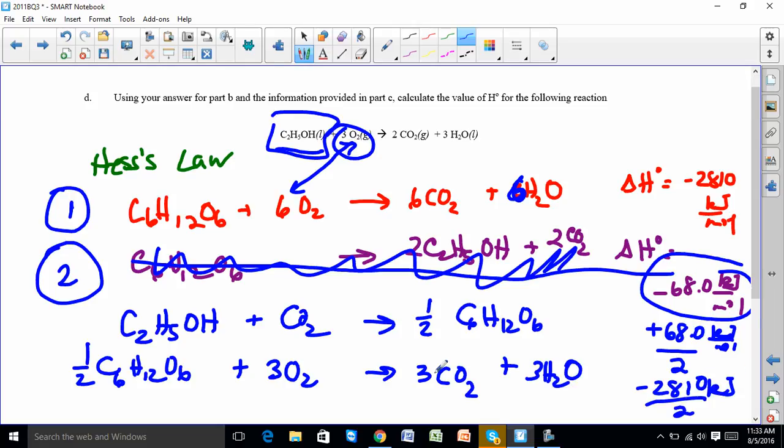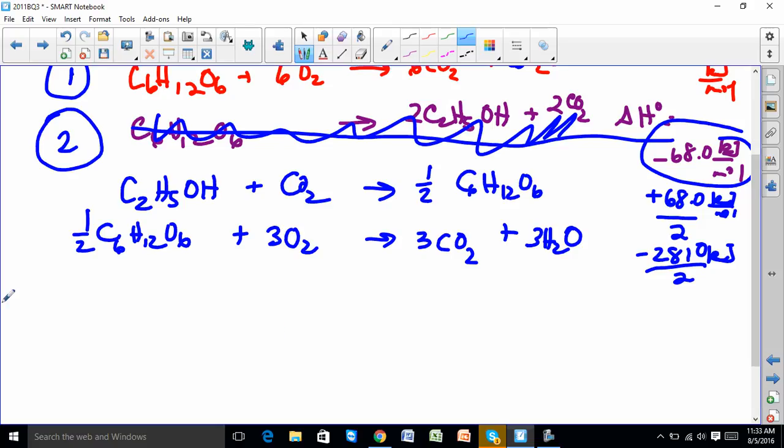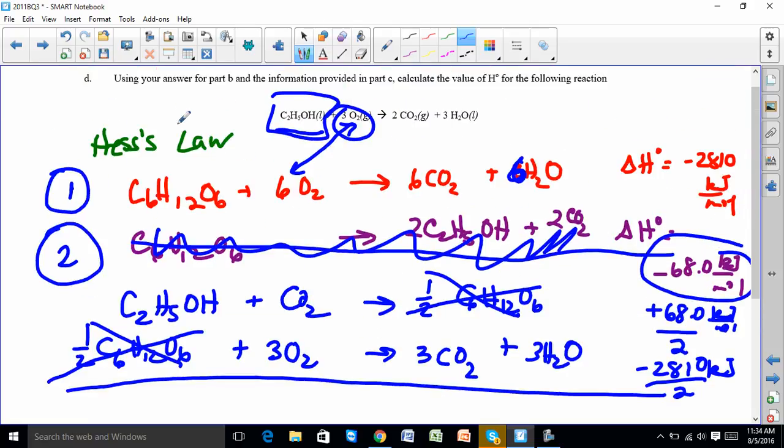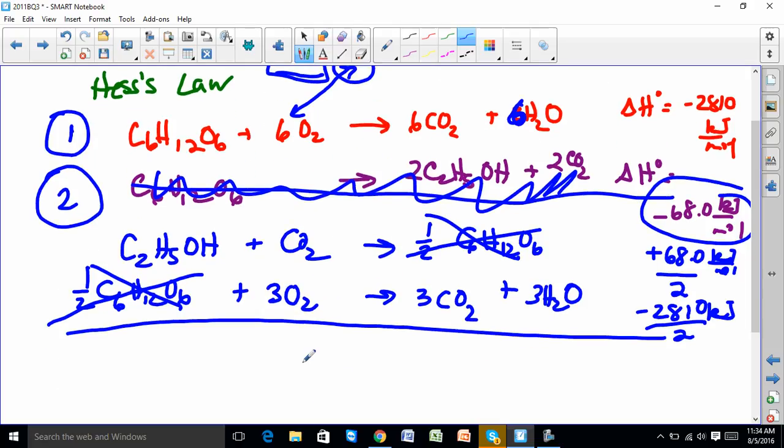And so the interesting thing happens when you add these two equations together. Half a mole of this cancels with half a mole of that. That's gone, and that's good, because if you look up here, there is no glucose in this equation. I have 1 carbon dioxide on the left and 3 carbon dioxides on the right. So all of this goes, and one of these, and this changes to a 2.